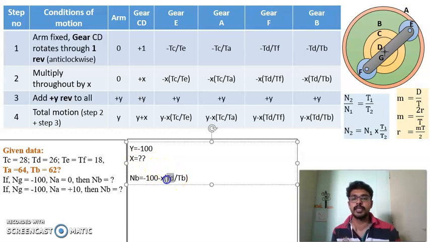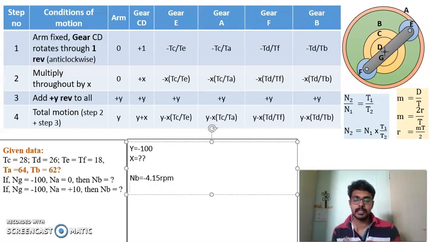TD is the number of teeth on gear D, so that is equal to 26. TB is the number of teeth on gear B, which is equal to 62. Since all terms will be known, finally you will be getting the speed of gear B, this is equal to minus 4.15 RPM.